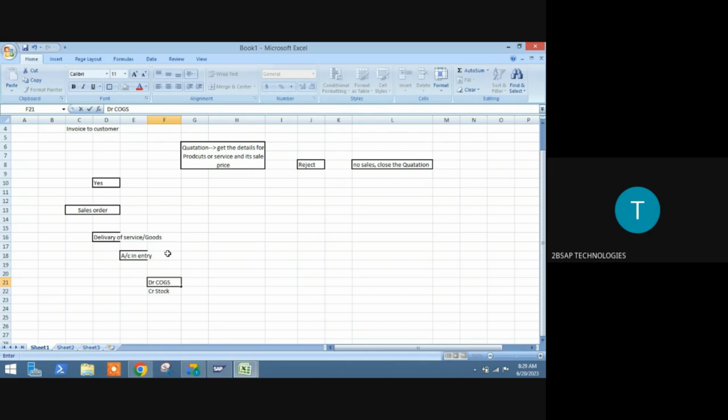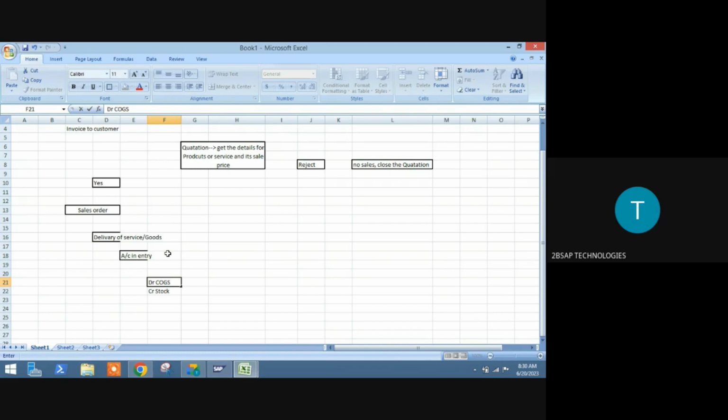Now at the time of billing, what will you do? Whatever income you are getting, you are going to credit. So what is going to be your result, sir? Here cost, there income. Cost and income result in profit or loss.